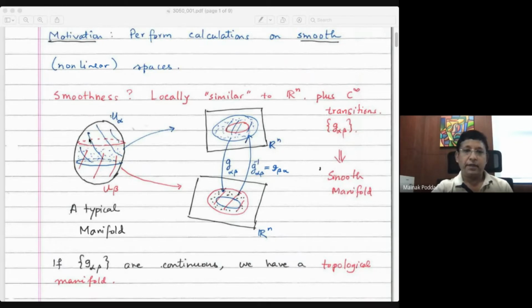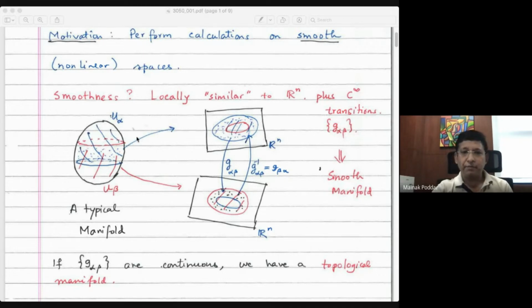So, I have here a typical example, the sphere of dimension 2. And I have broken up the sphere into two charts. So this blue part called U alpha, and the red shaded part, the lower part called U beta.